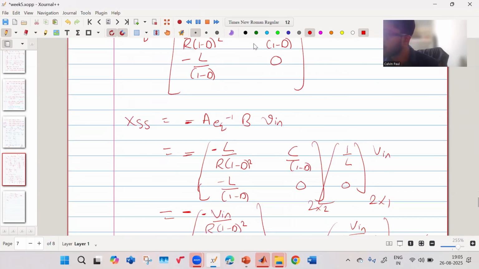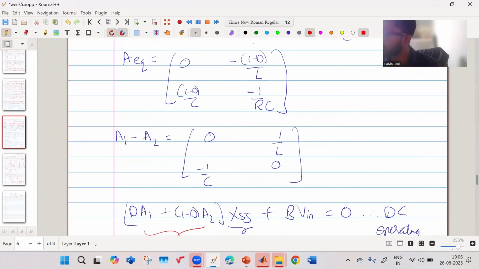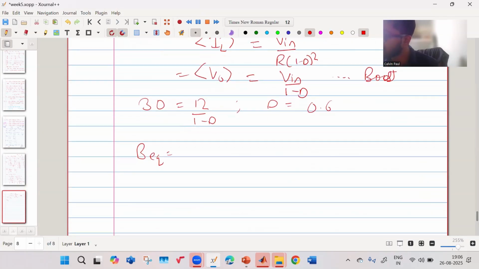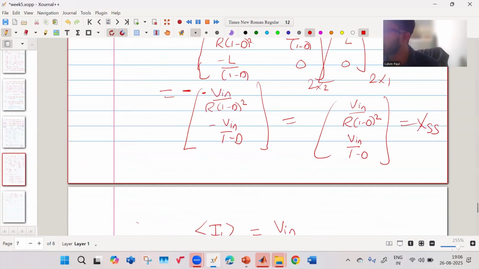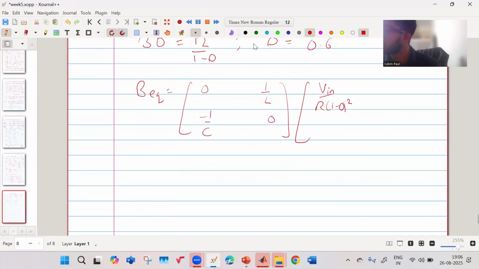So what is A1 minus A2? A1 minus A2 is 0, 1 by L, minus 1 by C, 0. And X steady state is given by this expression: Vin upon R 1 minus D square and Vin upon 1 minus D.